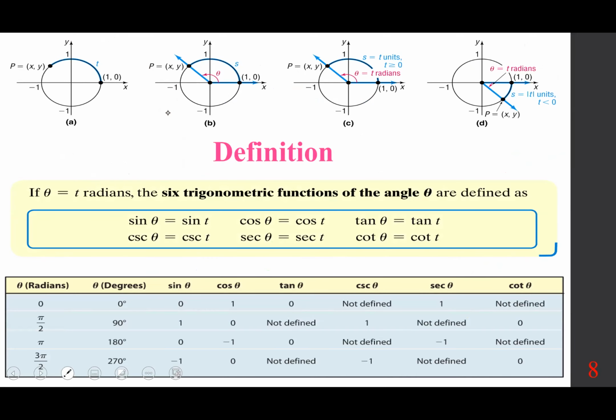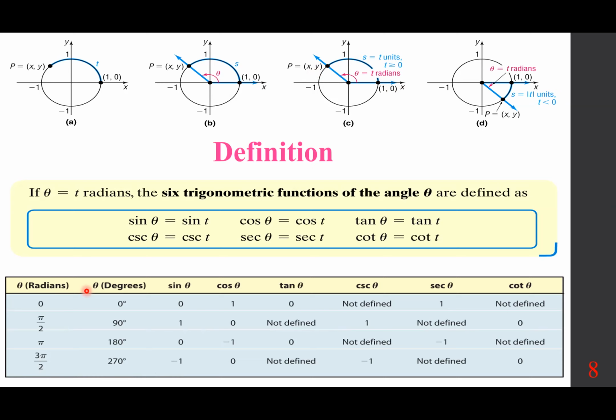All right, now the definition we're going to add, we said this is t units or t radians. Why is that?